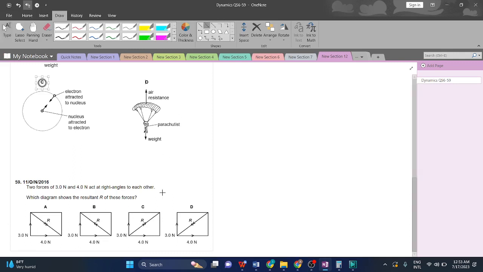अगर हम for example ये जो 3 है, this side is equal to this side, right? So 3 Newton, 3 Newton. This side is also 3 Newton, if this side is 3 Newton because they are a parallelogram. This is a parallelogram, right?